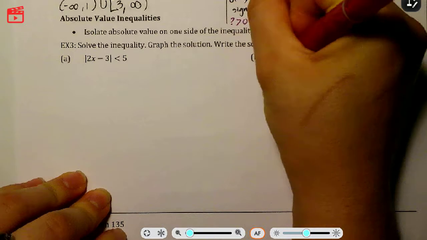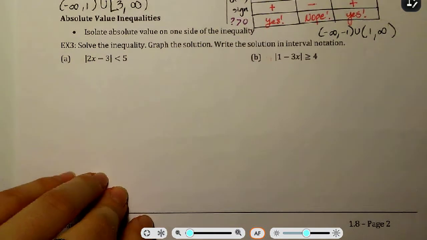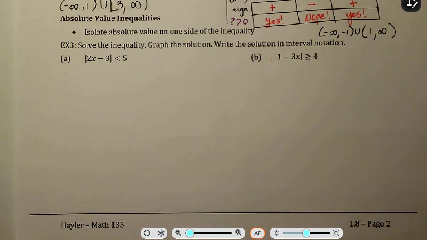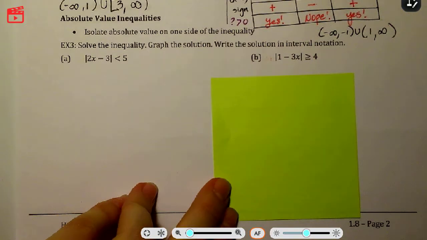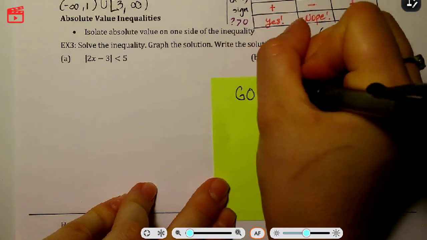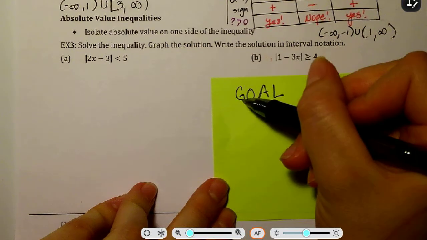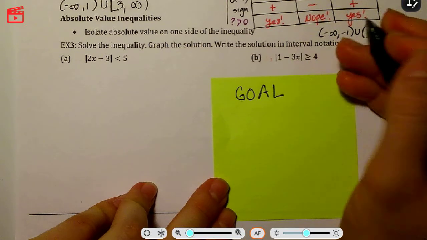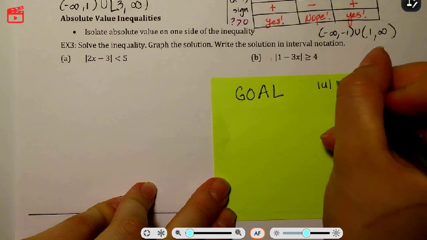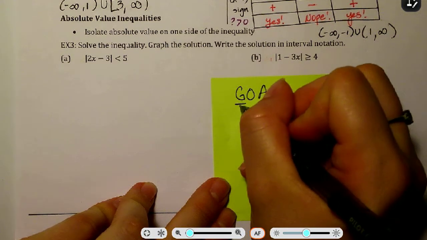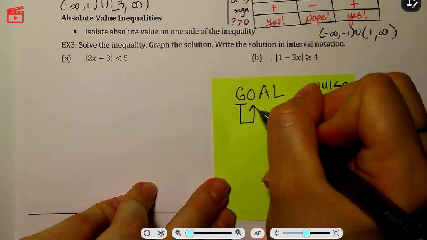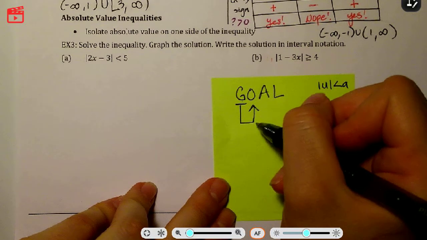So next thing we're going to do is split them. You've hopefully seen this before, but I'm going to grab a sticky note. This is an acronym I like to use to memorize how to split these. It's called GOAL. G is for greater than, L is for less than, and this is talking about our absolute value. So if our absolute value is greater than, we're going to split it into an OR statement, O for OR.